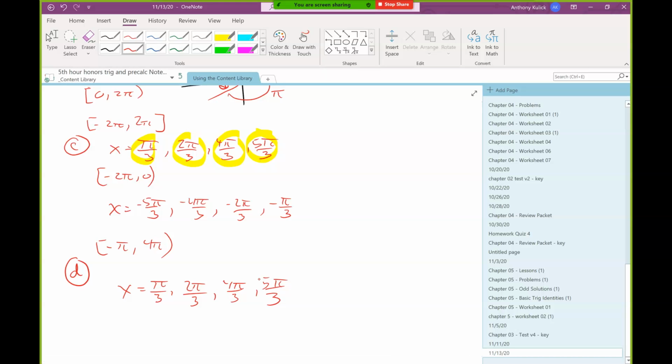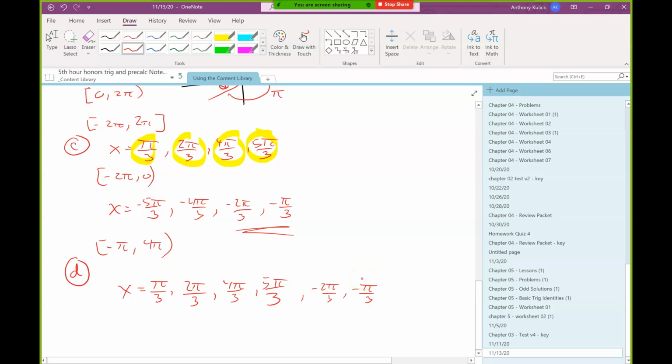And some of our negative answers for part C are going to be valid here also, right? But not necessarily all of them, because we're only going down to negative pi, not all the way down to negative 2 pi. But all I'm going to do is look from the list and take the answers that are bigger than negative pi. So those two I can also take without having to do anything more than looking at my previous answers, which is nice, right?